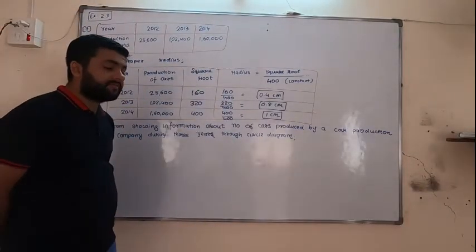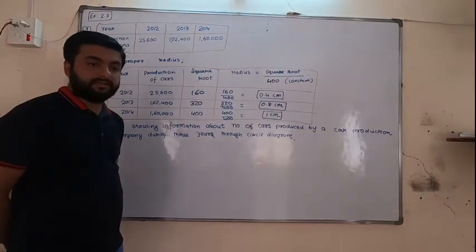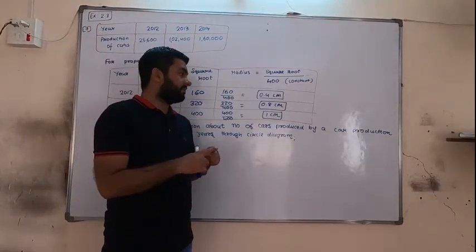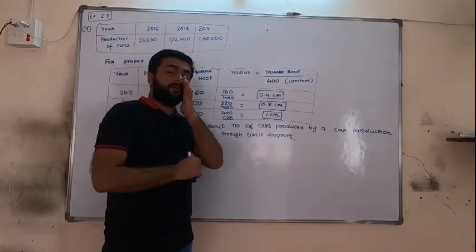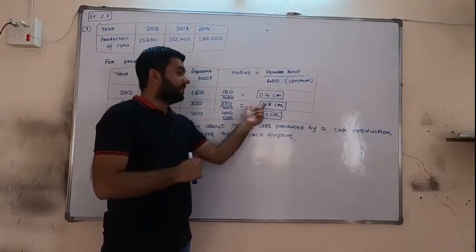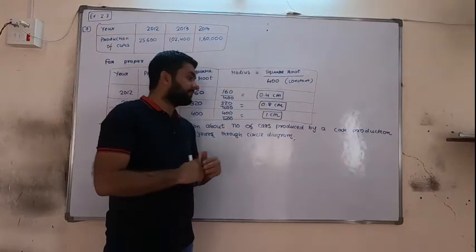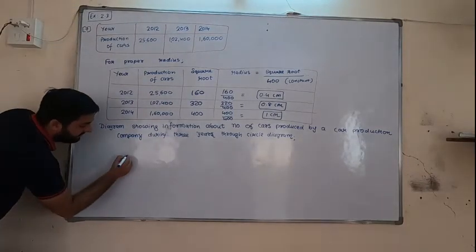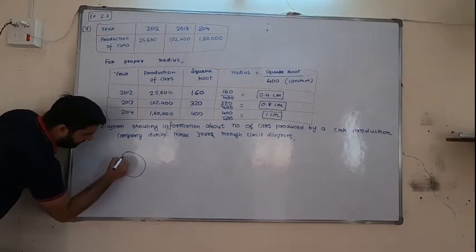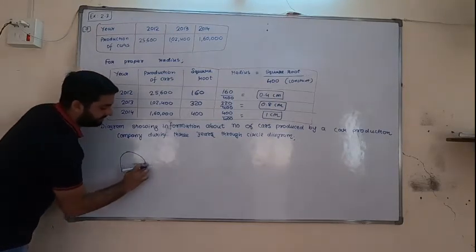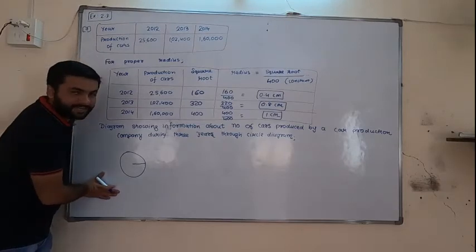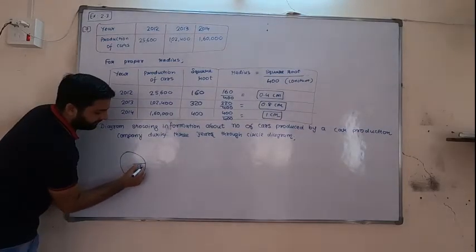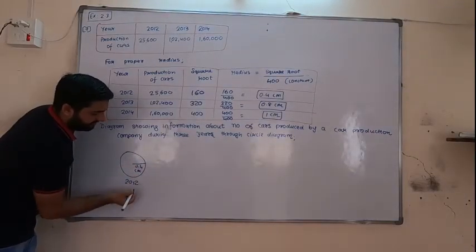Now friends, take the things which you require for drawing the circles. First, using your scale and needle compass, take a radius of 0.4 centimeter. Then take a radius of 0.8 centimeter. And then take 1 centimeter. In the board it is not possible to draw the exact circle. So 0.4 centimeter, this is of 2012.